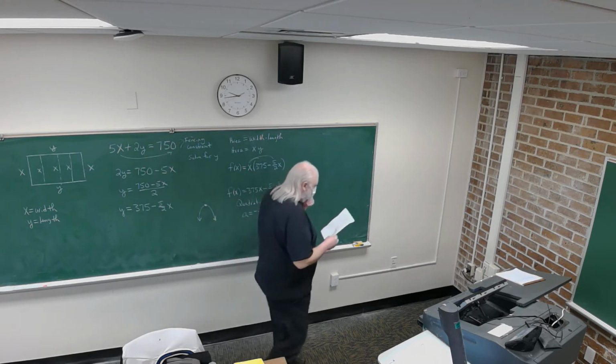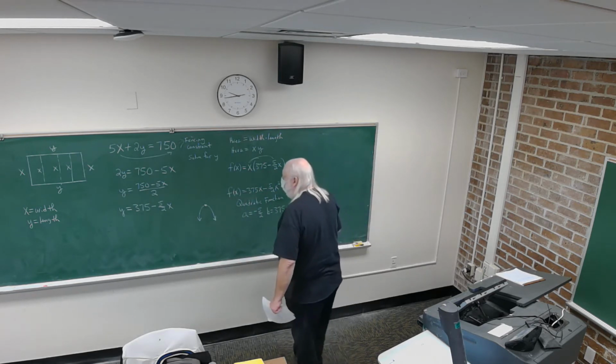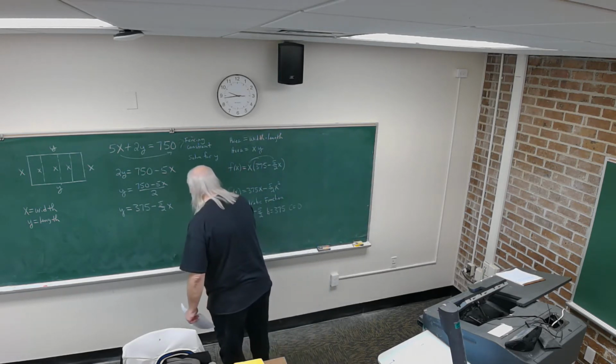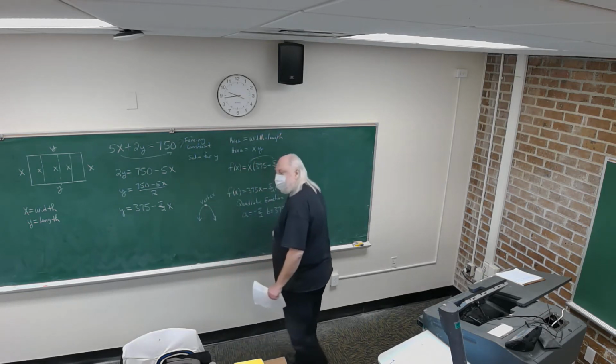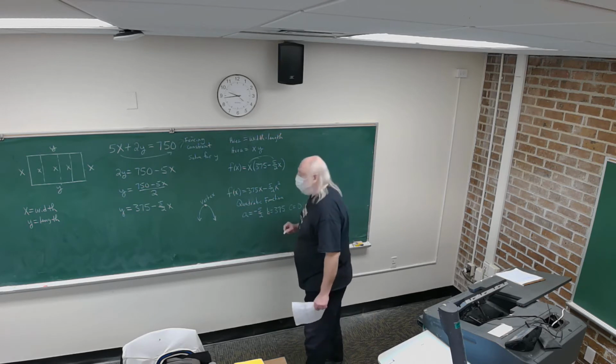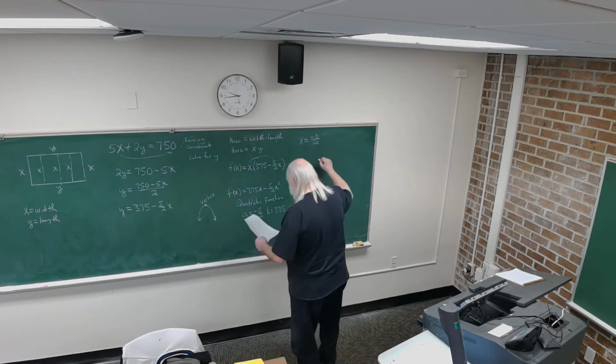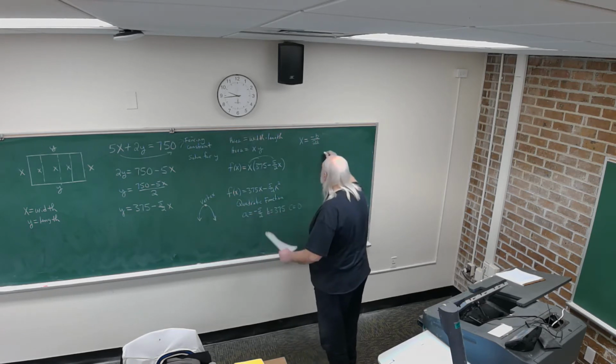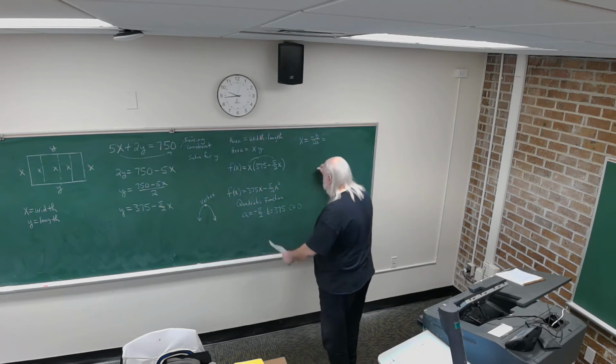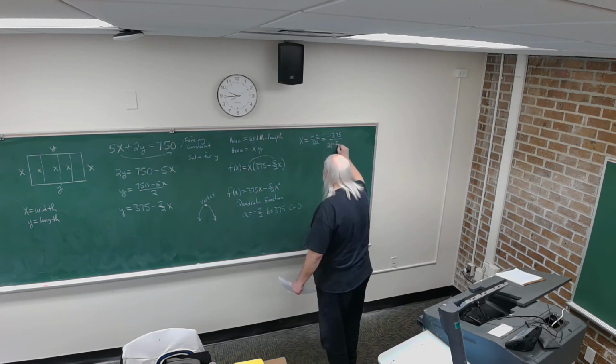So define the x coordinate for the vertex. We know how to do that, right? That's exam 2 material. X is equal to negative b over 2a, and negative b is minus 375, and 2 times a is 2 times minus 5 halves.